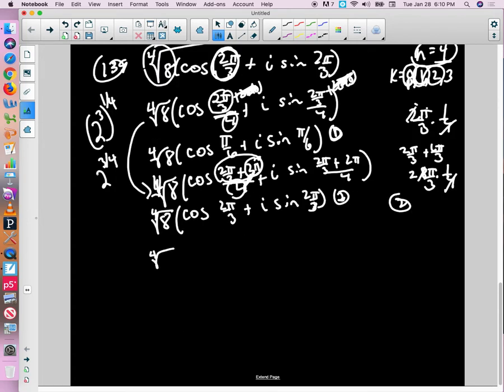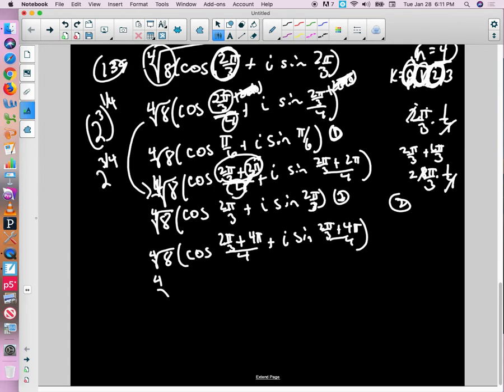The third one is the fourth root of 8 times the cosine of 2 pi over 3, the angle we're given, and right now I'm at the second one. So I filled in 0, 1, and 2. When I fill in 2 to 2 pi k, I get 4 pi over 4, plus i sine of 2 pi over 3 plus 4 pi over 4.